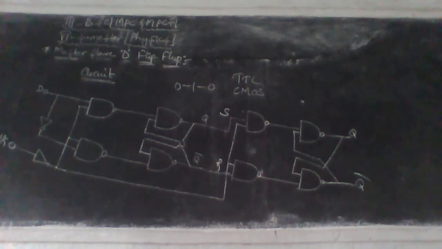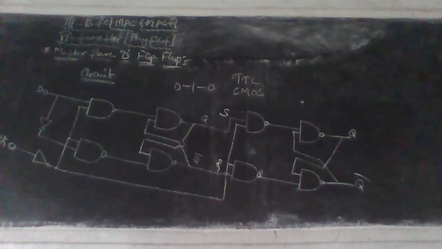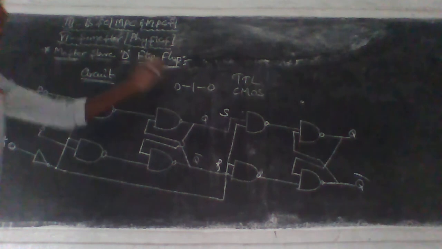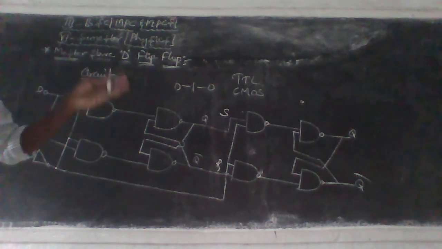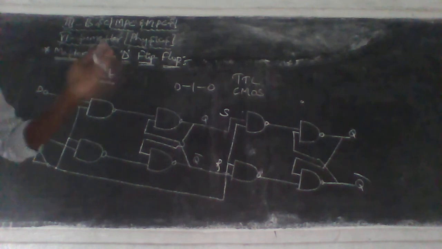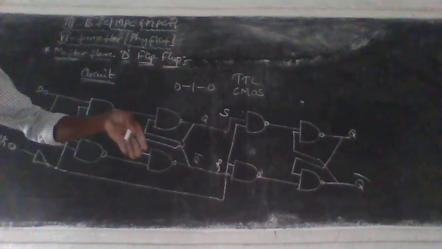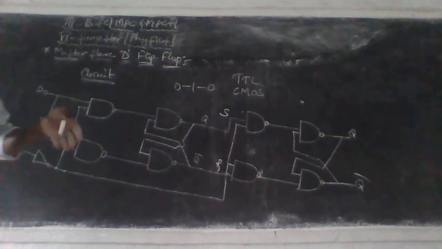Okay, so here the main working principle of the master slave D flip-flop is: a negative edge triggered D-type master slave flip-flop consists of a pair of D latches connected.